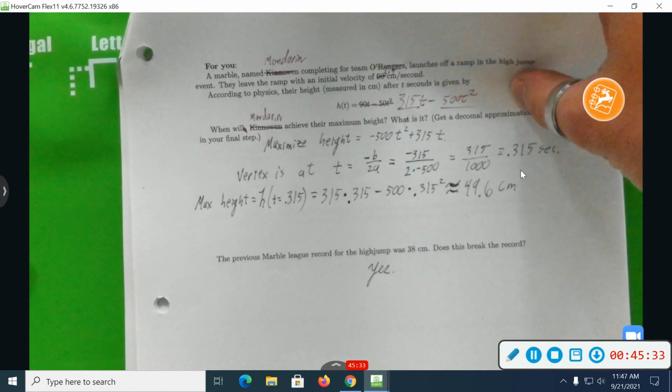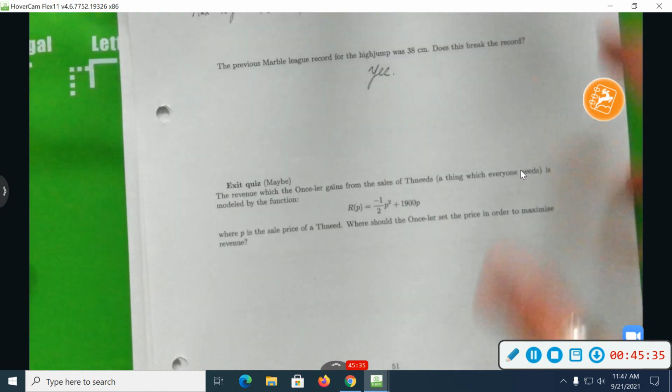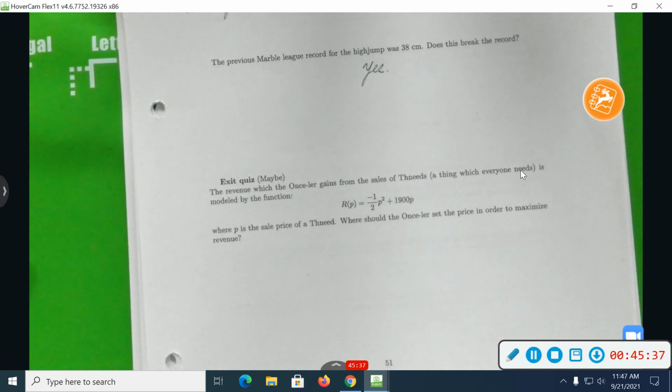So with 3 minutes left, here is one remaining question. The once law is selling needs, which is a thing which everyone needs, and hires on an economist cousin.